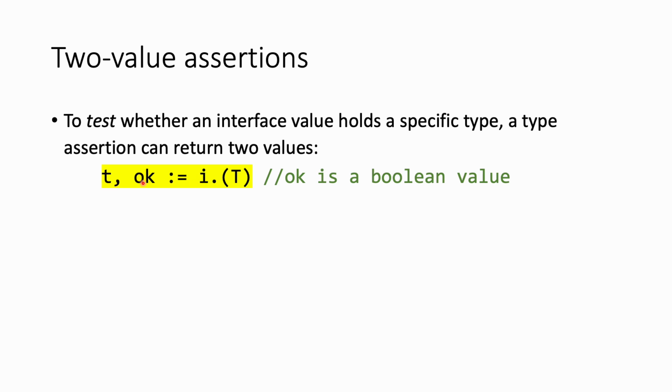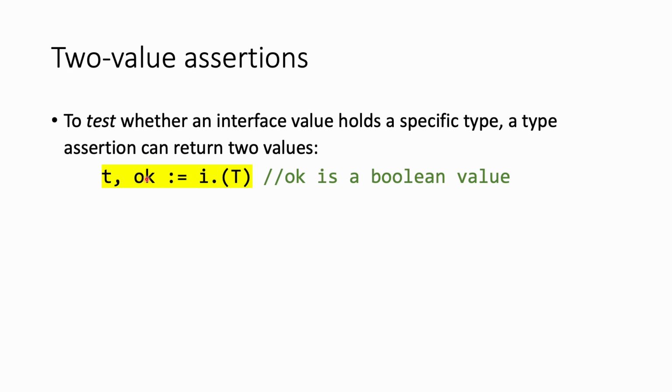The second returned value is a Boolean value that reports whether the assertion succeeded. Note the similarity between this syntax and that of reading from a map. The highlighted statement here is the two-value assertion form.